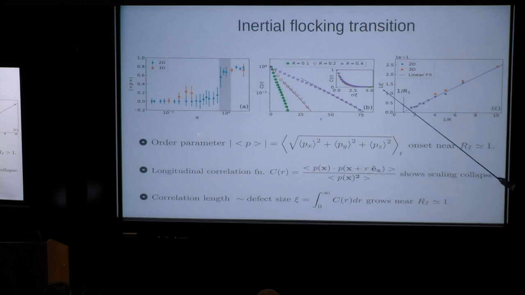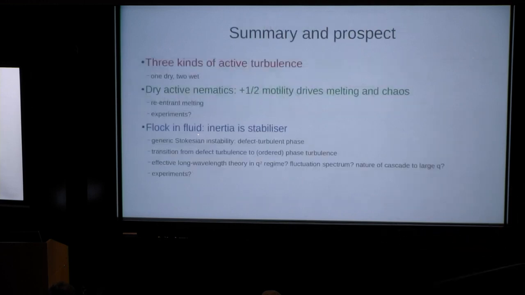And if you plot that length or the inverse of that length against R or 1 over R, you can see that there seems to be a fairly systematic increase in that length as you approach R equals around 1. Again, not a huge range of increase in R in the correlation length, but there it is. So there seems to be a flocking transition from a highly noisy defect-ridden state to a noisy but still ordered state. So that's the major finding here.